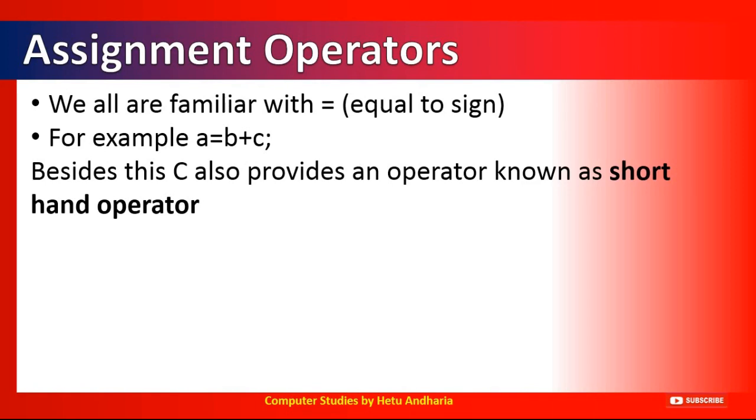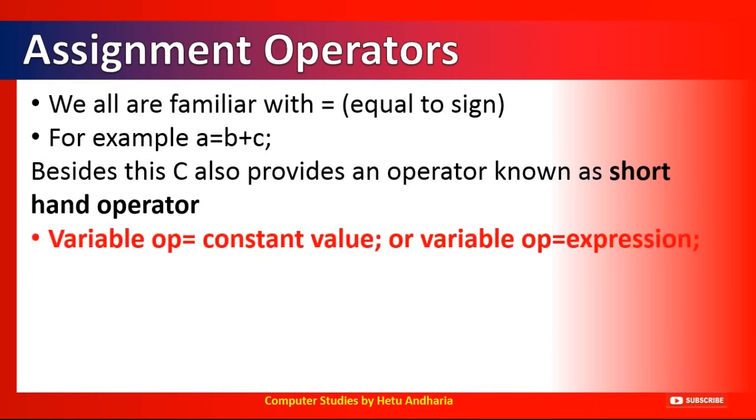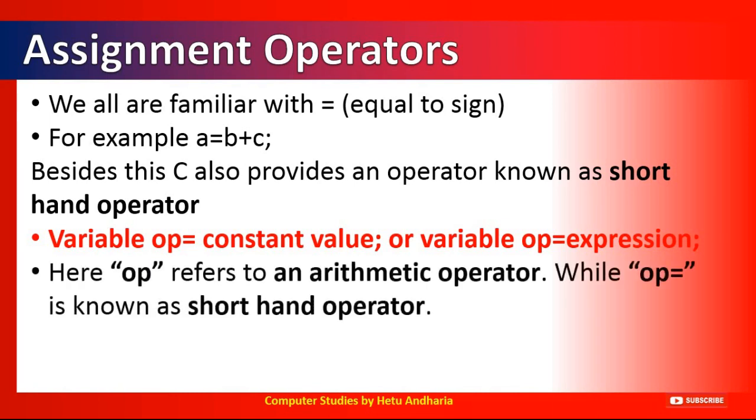But besides that, C provides an operator known as the shorthand operator. Remember the word shorthand operator. The syntax is like this: variable OP is equal to constant value, or variable OP is equal to expression, where OP could be plus, minus, anything. I hope you have not understood anything in this, so I will explain.